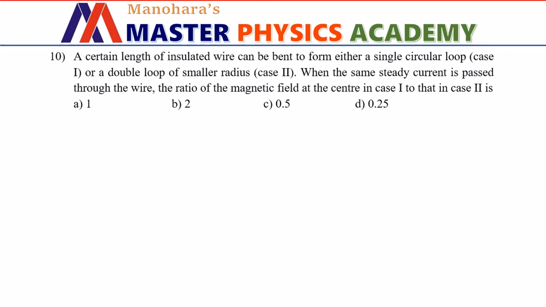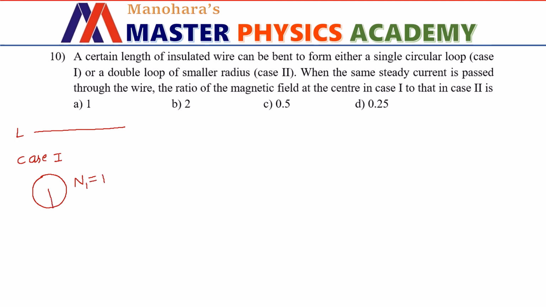A certain length of insulated wire can be bent to form either a single circular loop, case 1, or a double loop of smaller radius, case 2. When the same steady current is passed through the wire, the ratio of the magnetic field at the center in case 1 to that in case 2 is. Let us consider the length of the wire to be equal to L. In case 1, this wire has been bent into the form of a circle of number of turns 1.